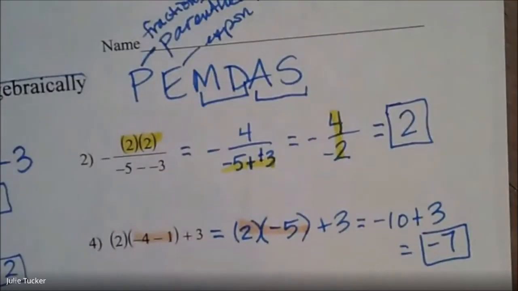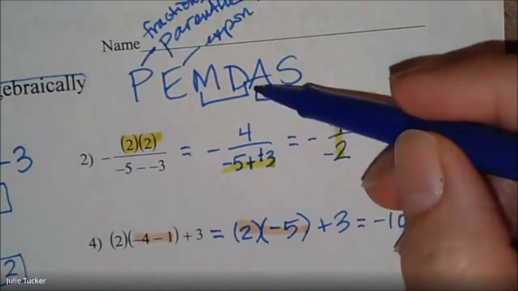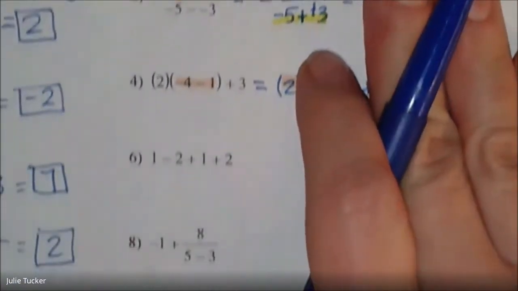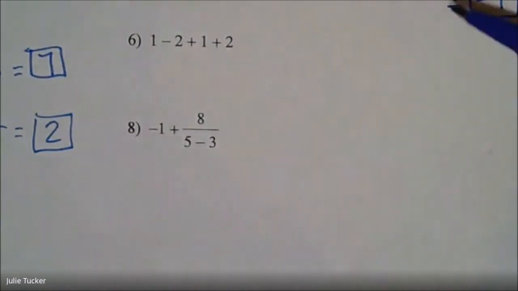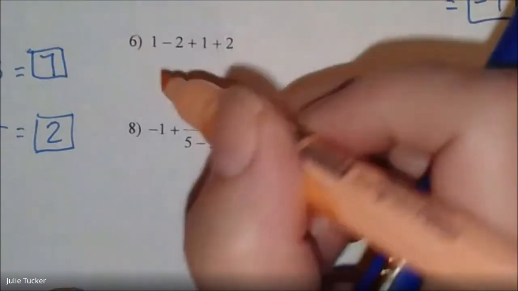Do you remember when I put the mark on here, I said addition and subtraction go at the same time from left to right, just like we read a book. So what is the first thing you see when you read the problem? 1 -2. Exactly. So that's what you have to do first. -1. Good.